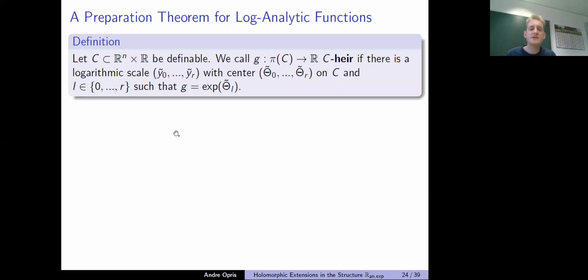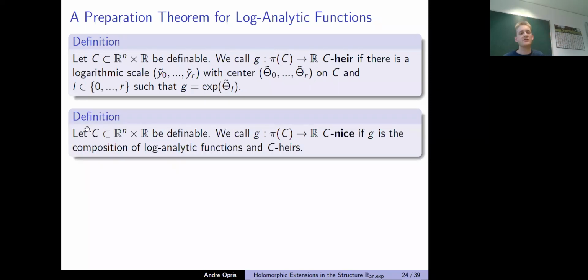A C here is a function which is given by exp of theta L tilde, where this theta L tilde comes from this logarithmic scale with center theta 0 tilde to theta r tilde. We call a function G C-nice if G is the composition of such log-analytic functions and C-hairs.